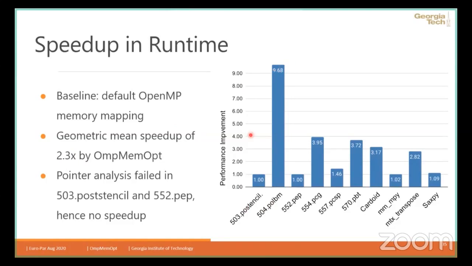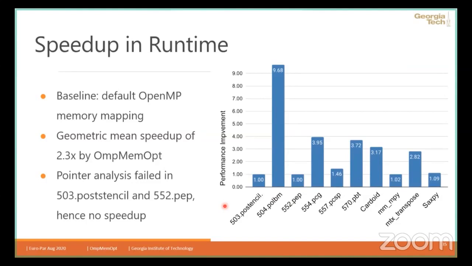But in some other benchmarks like the 503 and 552, we see that our analysis failed to do any transformation, and the speedup was the same as the baseline. We observed that pointer analysis or alias analysis failure was one of the reasons why our analysis was not able to perform any transformation.